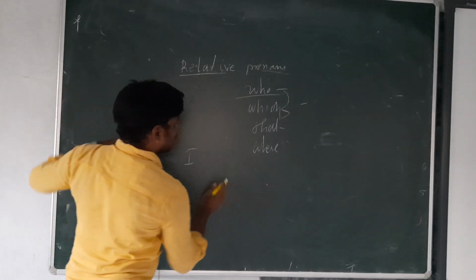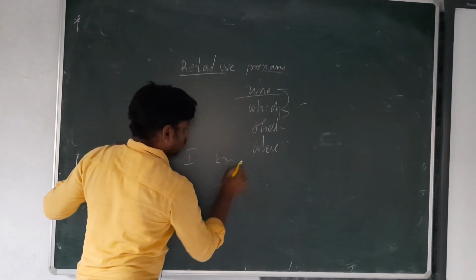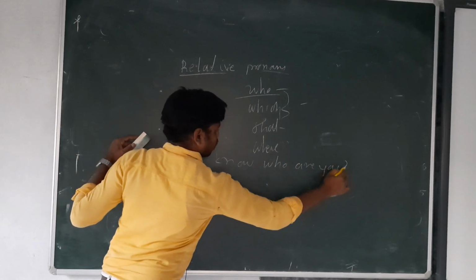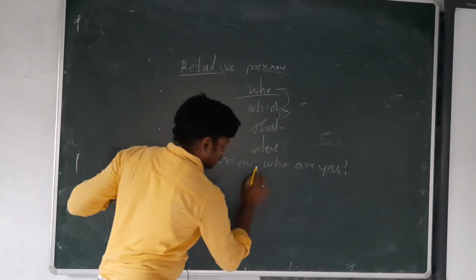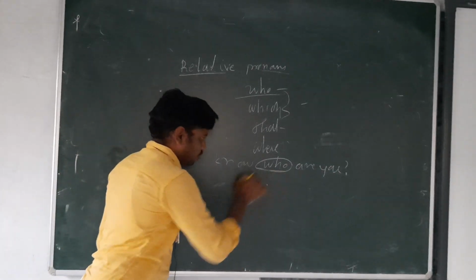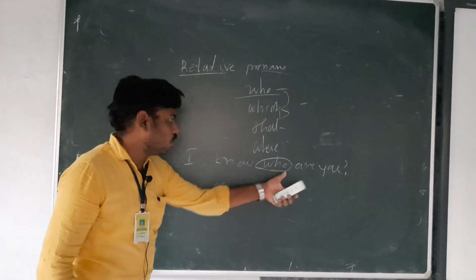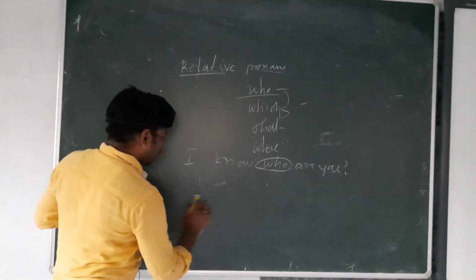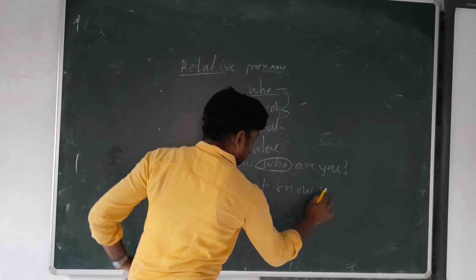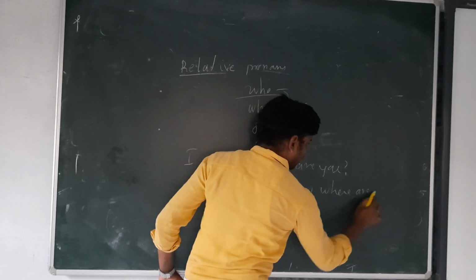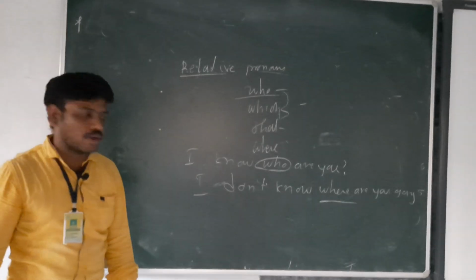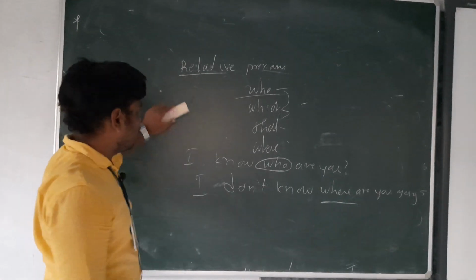I know who you are. Here, who is called a relative pronoun. Another example: I don't know where you are going. Here, where is called a relative pronoun.